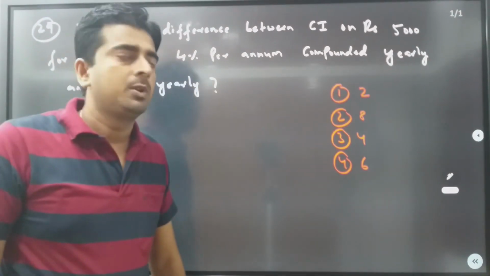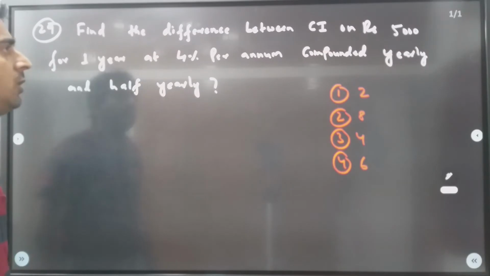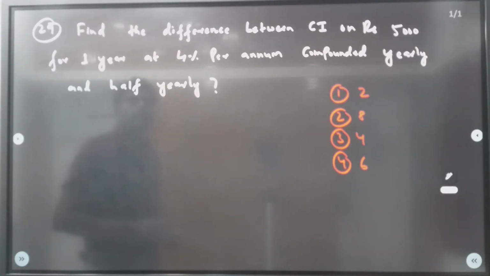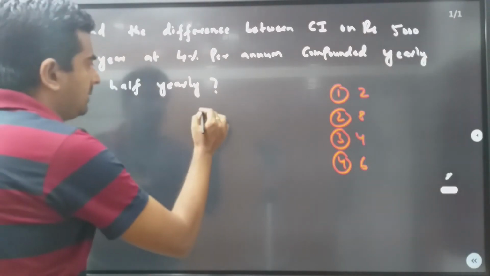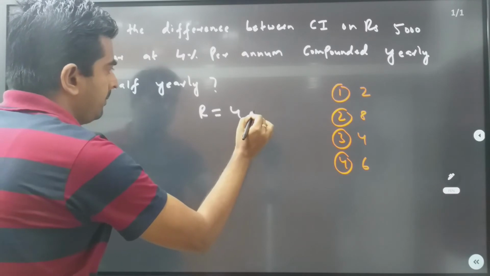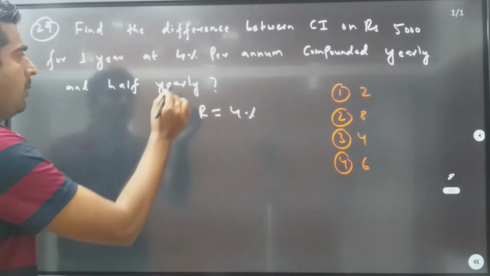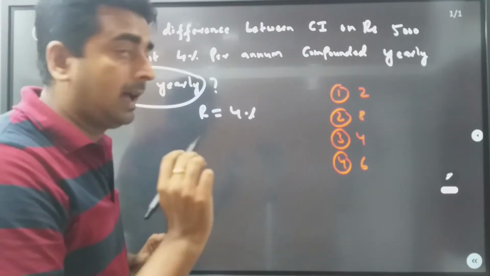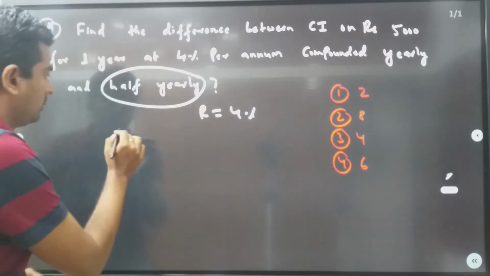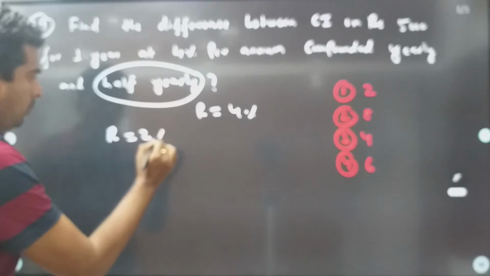So now we'll see question number 29. Find the difference between compound interest of rupees 5,000 for 1 year at 4% per annum compounded yearly and half yearly. So for compounded yearly, R is how much they have given you? 4%. But what about half yearly? Whenever half yearly case is there in compound interest, R will be R by 2. So R will be 2%.